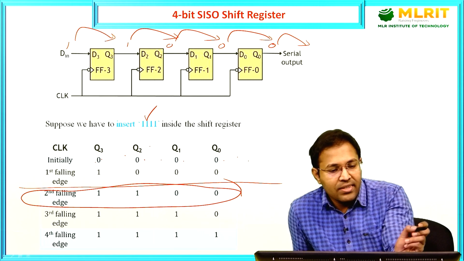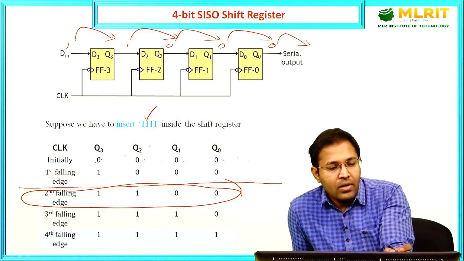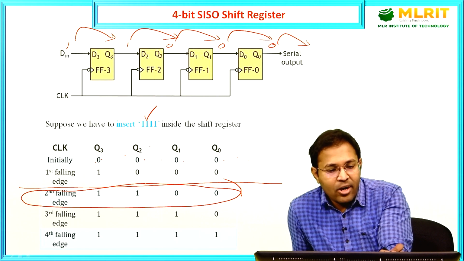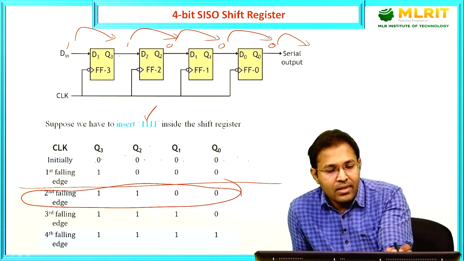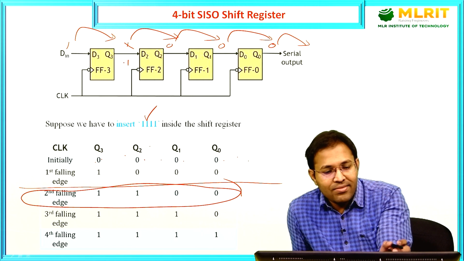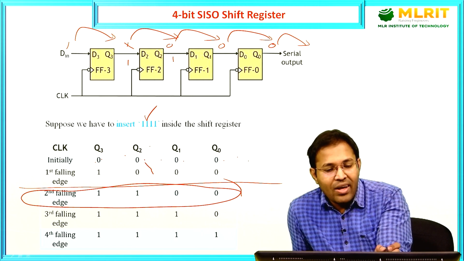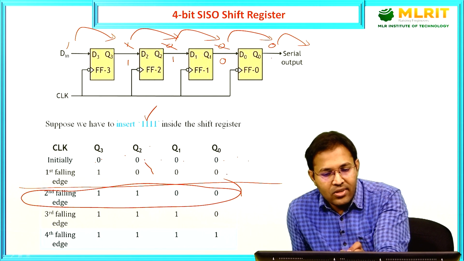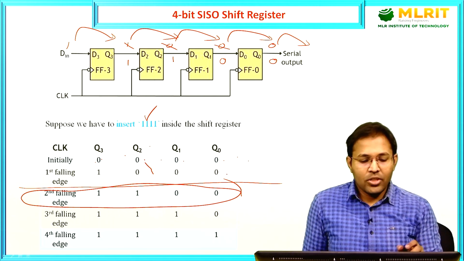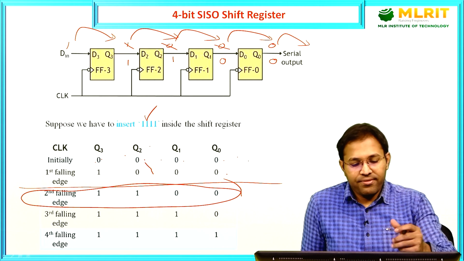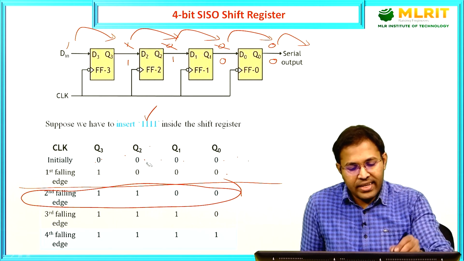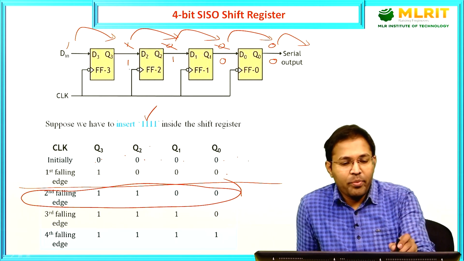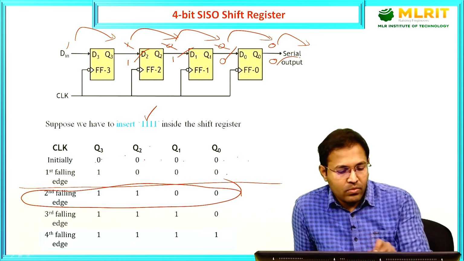Okay, this 1 shifts here. Fine. So as a result, let me write the output. So this 1 comes here. So this is no longer 1, this is 1, and this 1 comes here. Okay, so you have a 1 here, this 0 comes here. Okay, fine. So you have a 0 here, this 0 comes here, you have a 0 here. So at the end of the second falling edge, the output is 1 1 0 0.